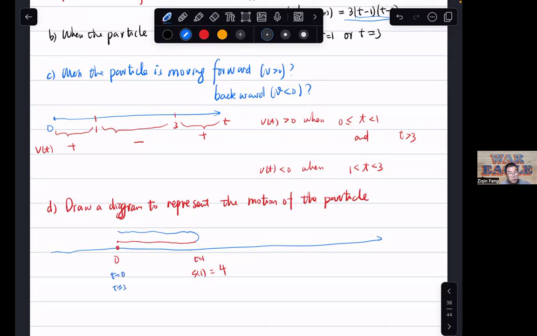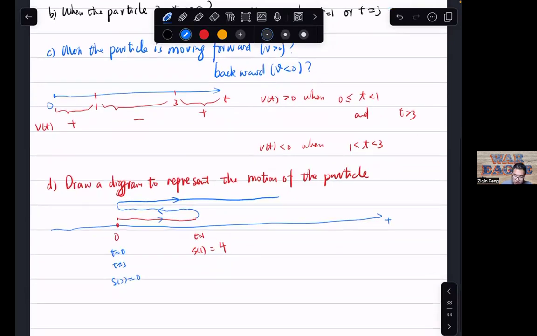At t equal to 3, the particle stops again. If you calculate s of 3, s of 3 is also 0. So the particle stops at 0 again, then changes direction to the positive direction, going forward. After that, always going forward. So this is a diagram representing the motion of the particle moving in the positive direction, then going backward, then going forward, right?